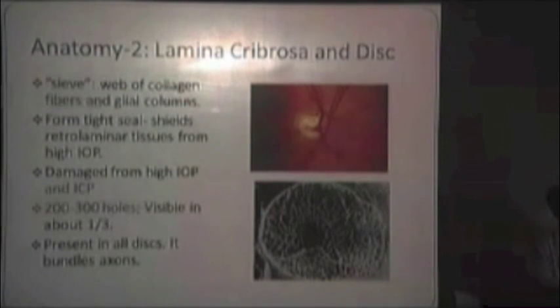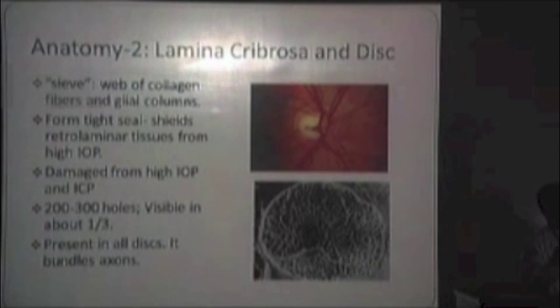So this is not exactly a healthy optic nerve, but was put here to explain the different structures. So the optic nerve is oval, it's usually vertically oval, has a central cup which has a structure called the lamina cribrosa.